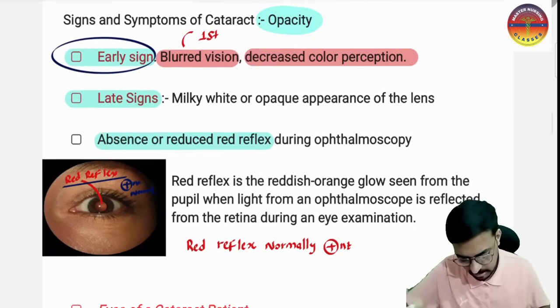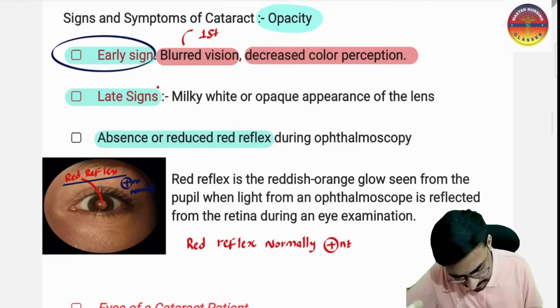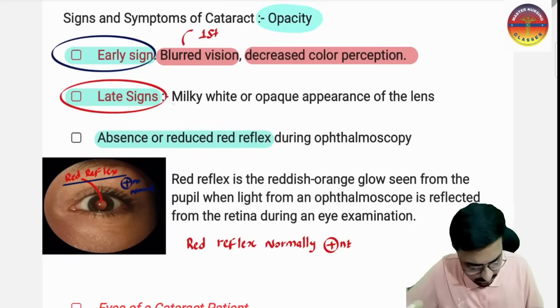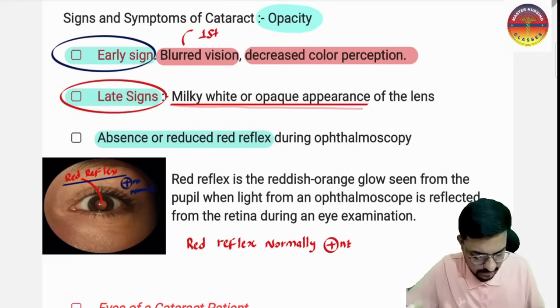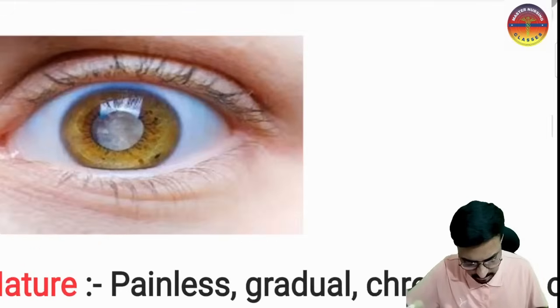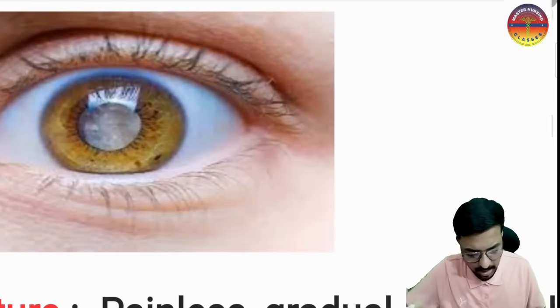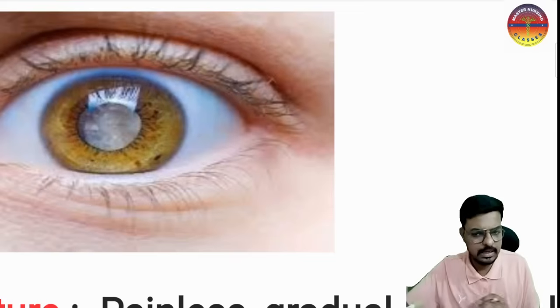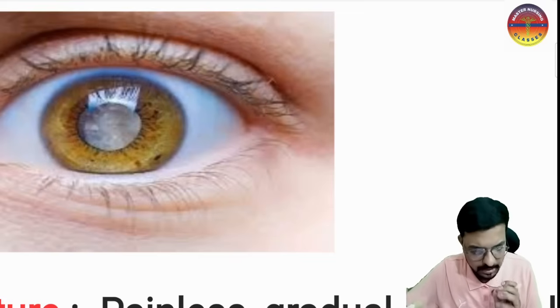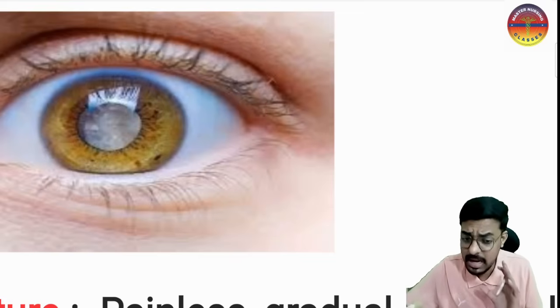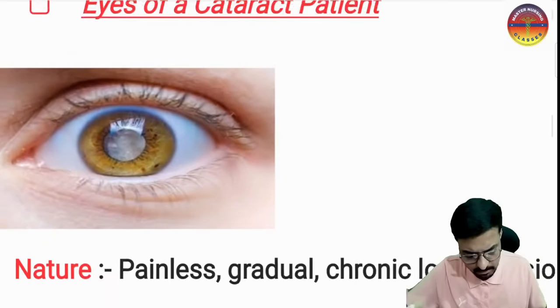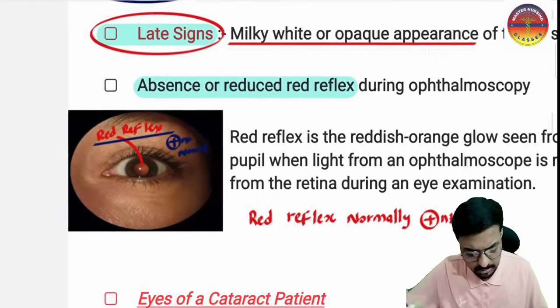If someone asks you the late sign of the cataract, that is the milky white opaque appearance of the lens. The lens will appear like this, milky white and opaque. That is the late sign, and the most important early sign will be blurred vision.